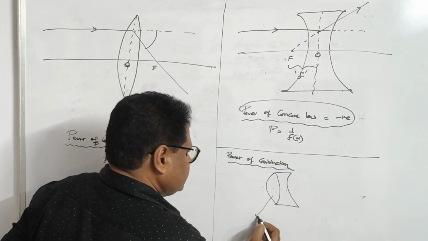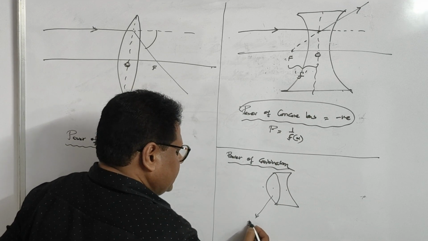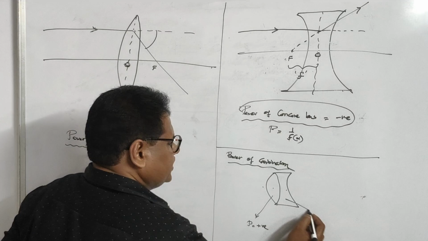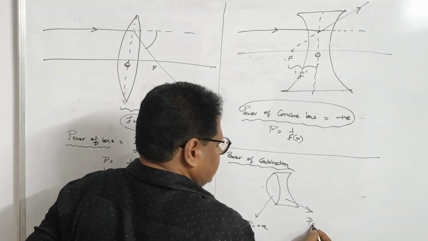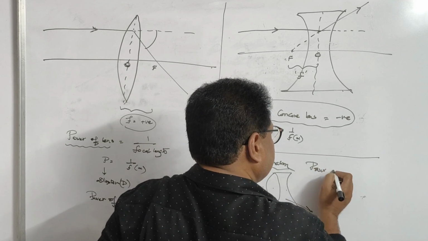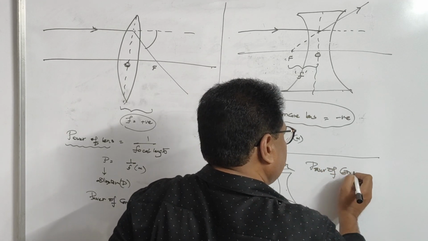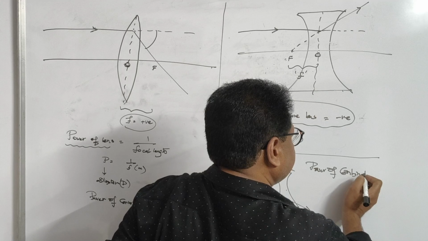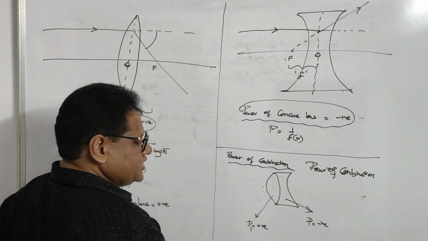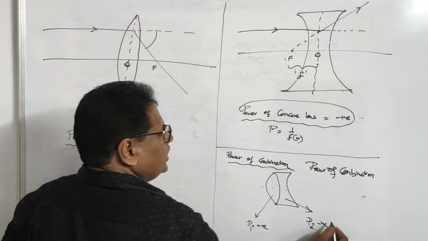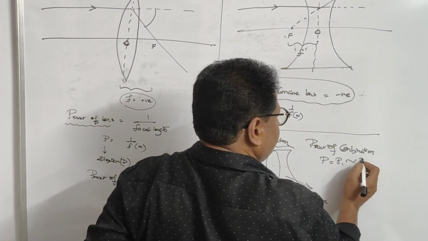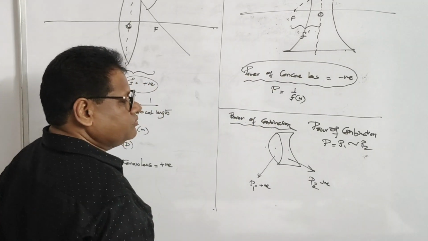That means for this, if the power is positive, and for this the power is negative, then the power of the combination for the whole, if you consider this as P1 and this as P2, is P equal to the sum of P1 and P2.